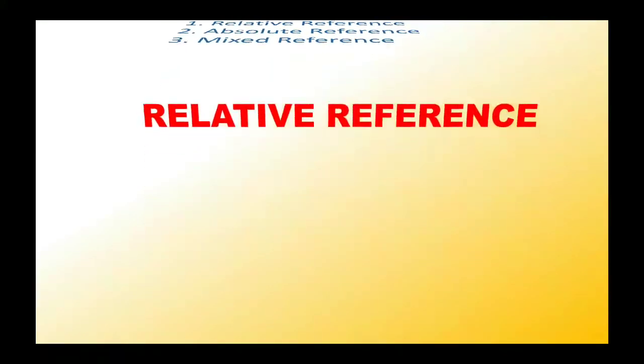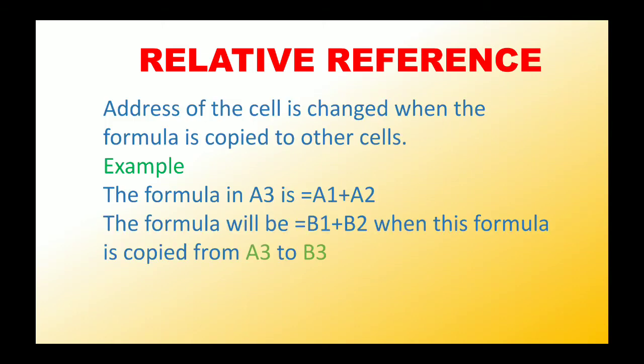What is a relative cell reference? As you can see in the example, the address of the cell changes when a formula is copied to another cell. In a relative cell reference, suppose we are using any formula.